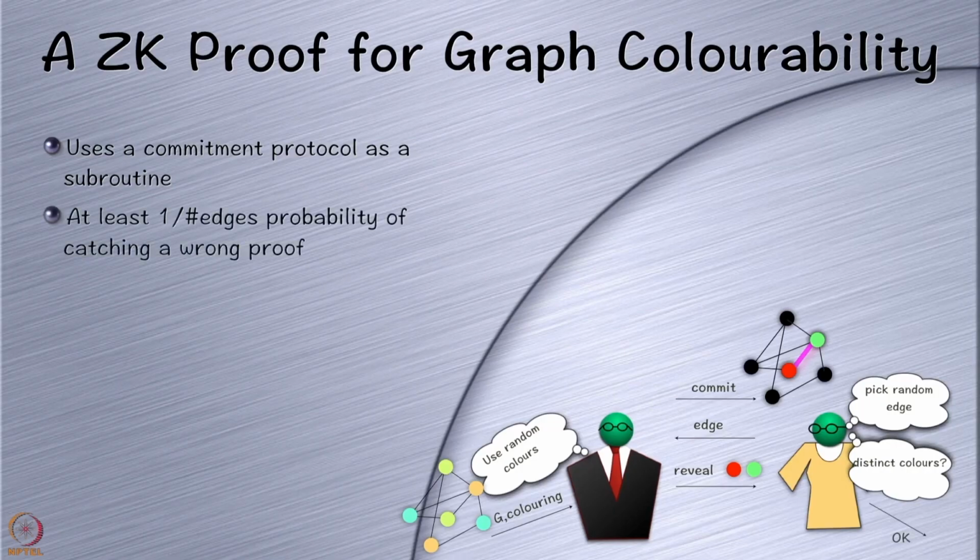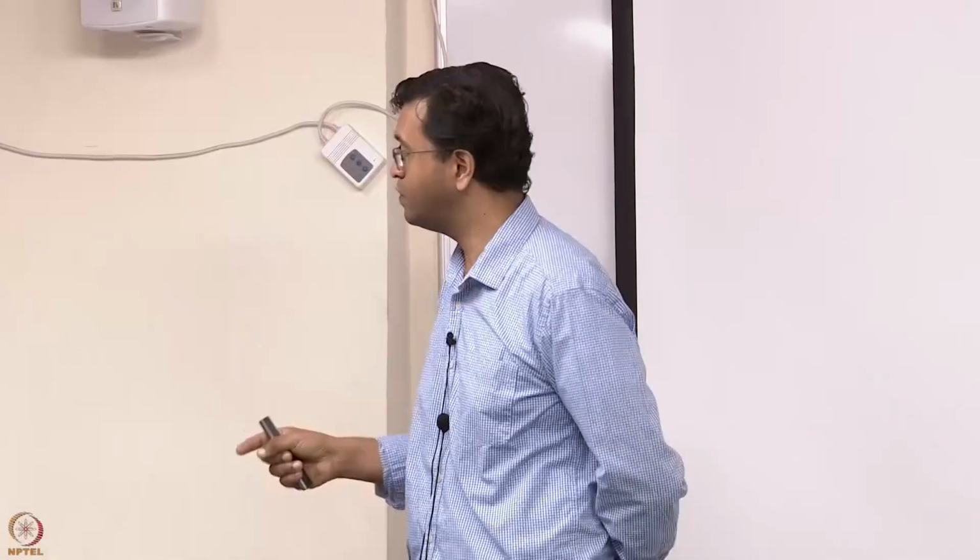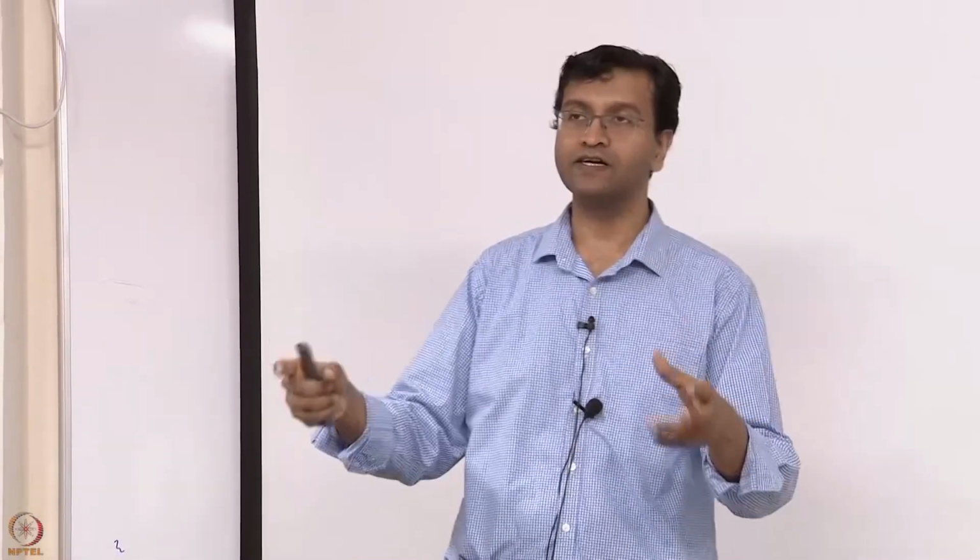And let's see, why is this sound? As you can imagine, we'll repeat the whole protocol many times. But as it is, why does it have any soundness guarantee? If there was no valid coloring using red, green, and blue, there is at least some edge where it's monochromatic, or they are not valid colors at all.